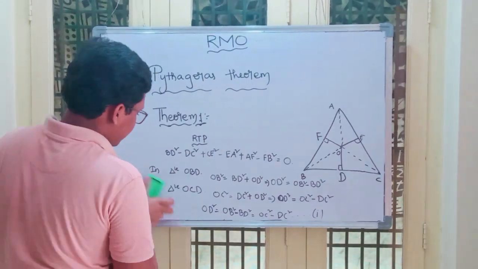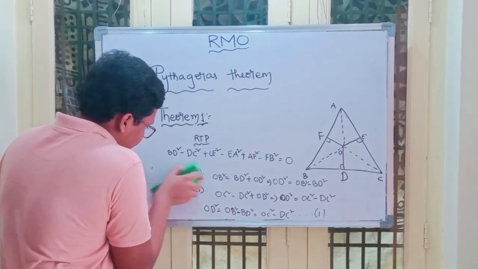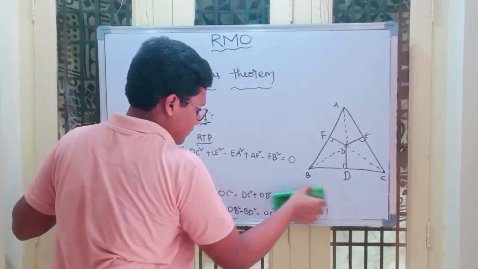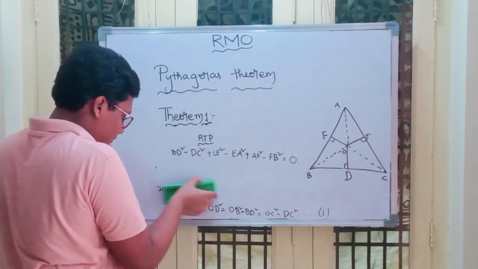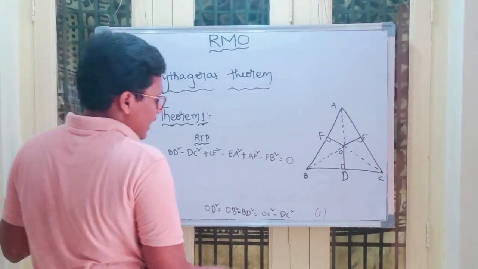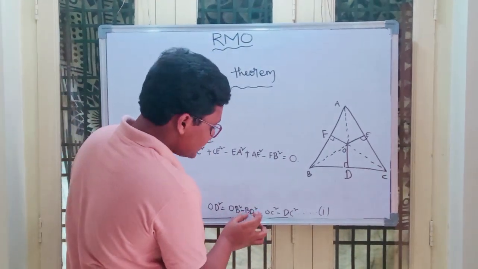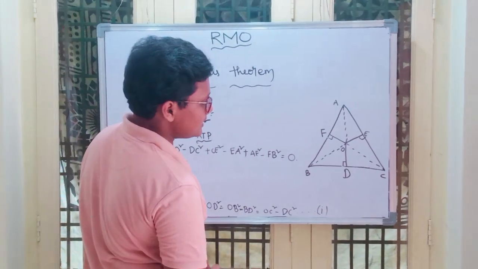Okay, I'll leave this part. Similarly, we got from these two triangles OB square minus BD square is equal to OC square minus DC square.